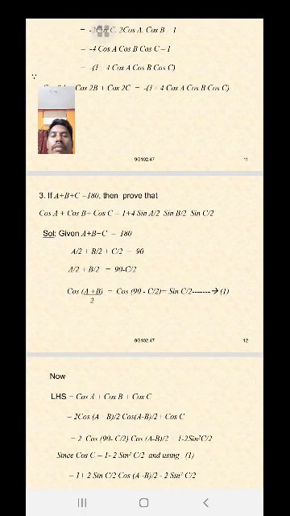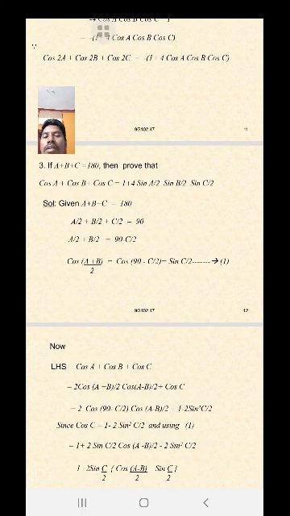Next question. If A plus B plus C equals 180 degrees, then prove that cos A plus cos B plus cos C equals 1 plus 4 into sin A by 2 sin B by 2 sin C by 2. So here RHS is in the form of submultiple angles.